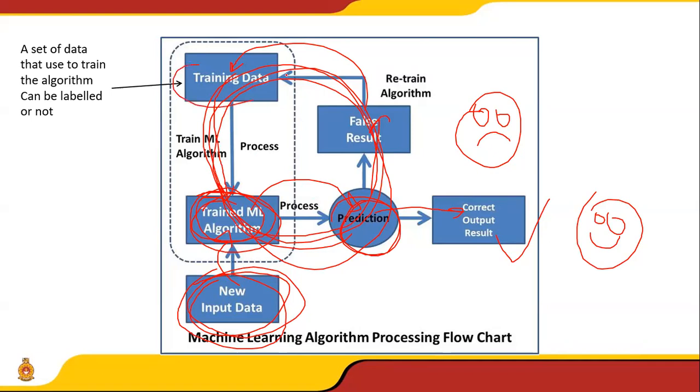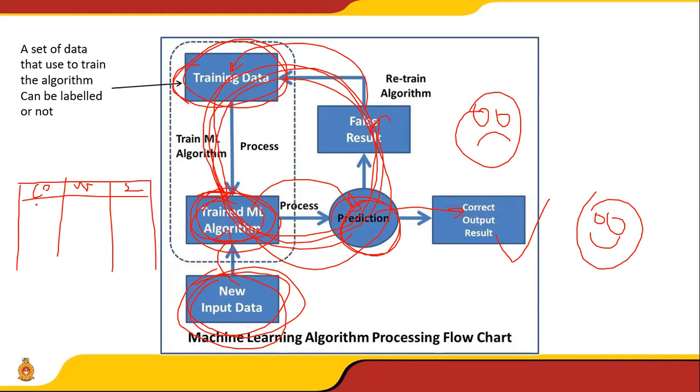This training data can be labeled or not. Labeling means we know specifically what the features are. For example, we have collected data related to an apple. Guys, give me some example features that we can find. We can say color, weight, skin type.